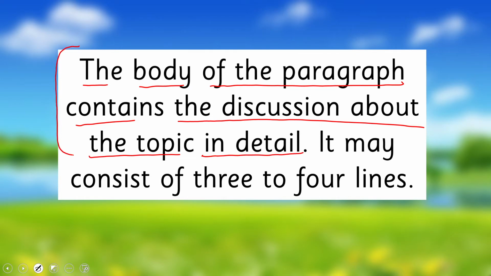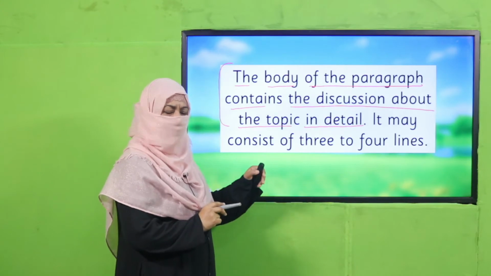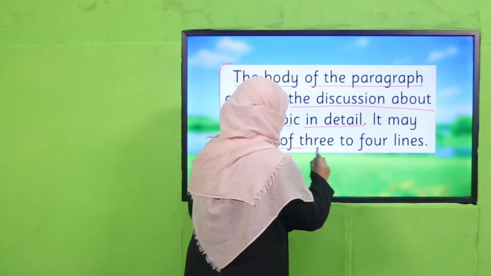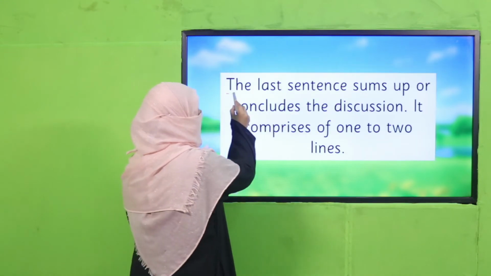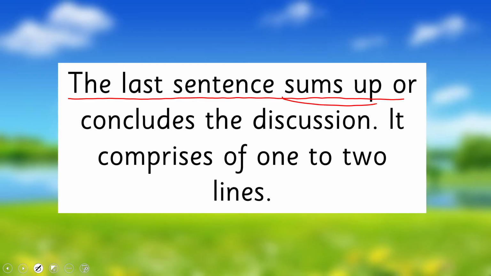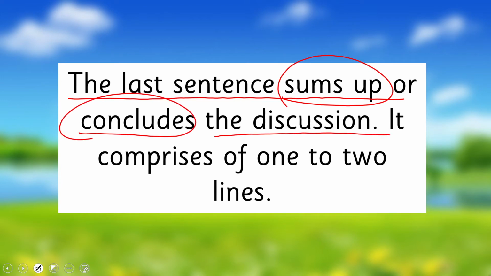So whatever you want to mention about that topic, after the opening sentence, you start writing about that, and it may consist of 3 to 4 lines. And then you close the paragraph. The last sentence sums up or concludes the discussion. It comprises 1 to 2 sentences.